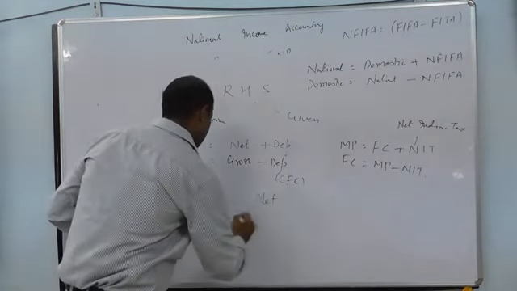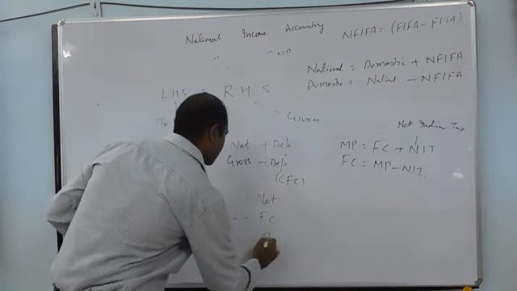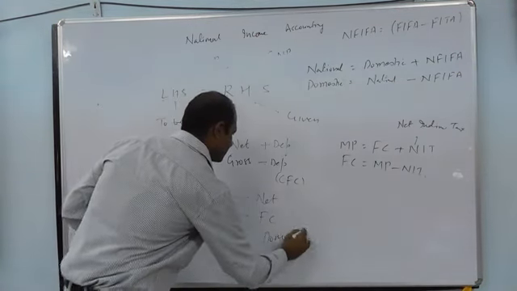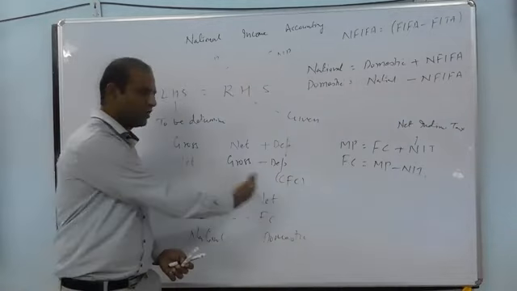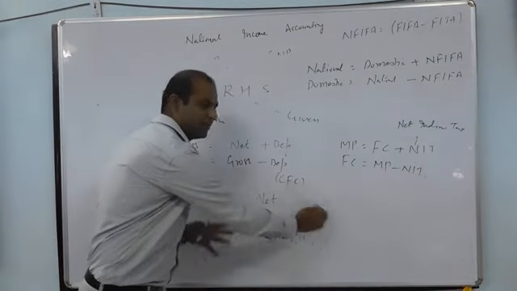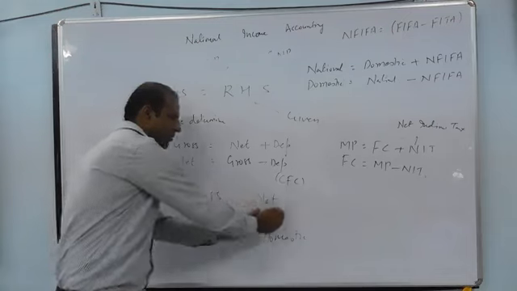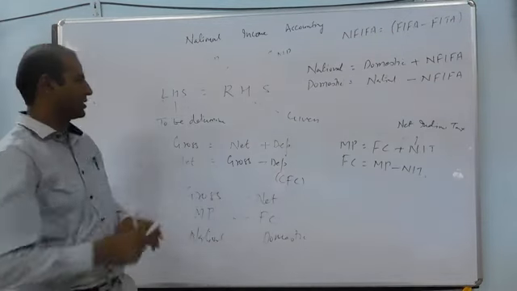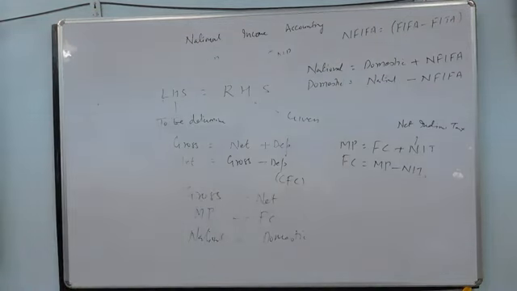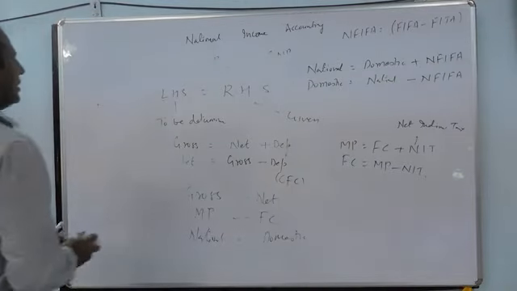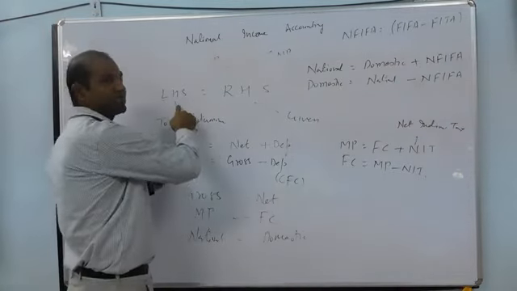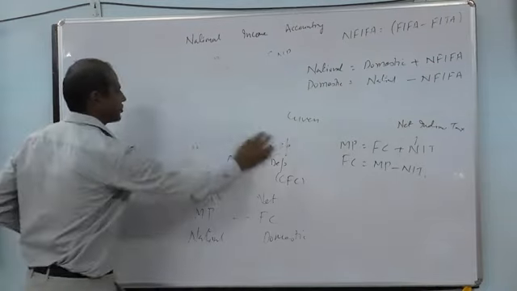Net, factor cost, domestic are smaller concepts. Where you have to convert to the broader term, add. If you have to determine the smaller one from what is given, subtract. So this is the first concept. You have to remember, left hand side is equal to right hand side. The first thing is over.